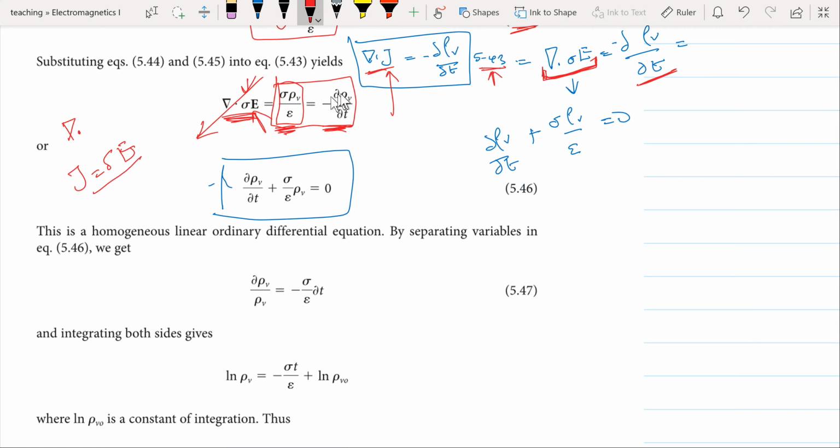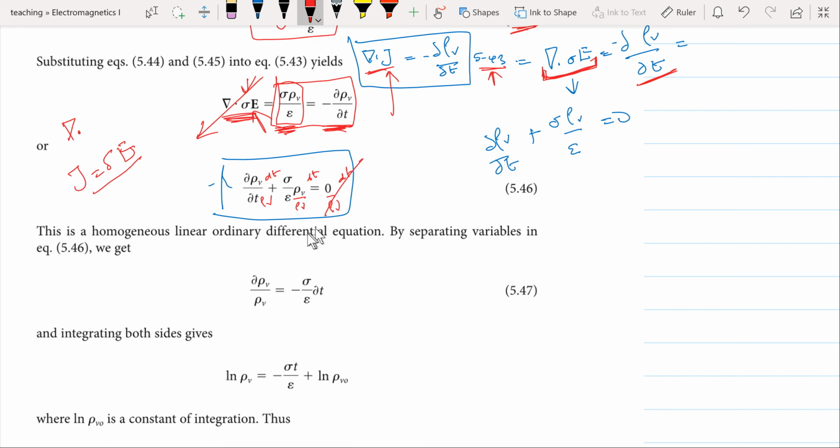Therefore, if you bring the terms together, you have d rho v by dt plus sigma over epsilon rho v equal to 0. What we observe about this equation is that it is a homogeneous linear ordinary differential equation, which we can solve by separating the variables. From this one, you divide by rho v everywhere and multiply both sides by dt.